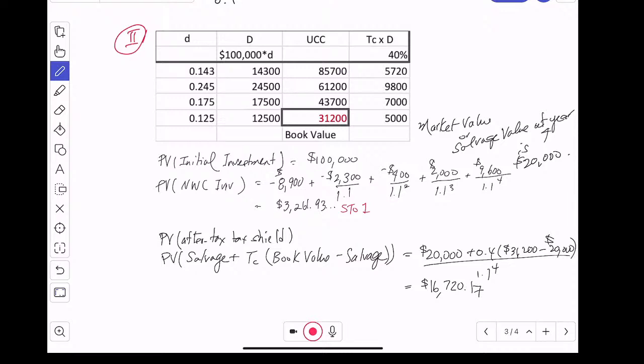So that's the value. I'm going to calculate that in the calculator and store that in 2.